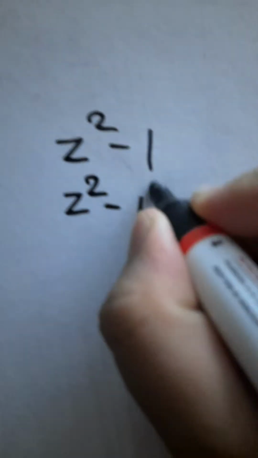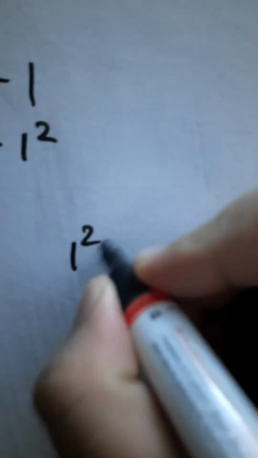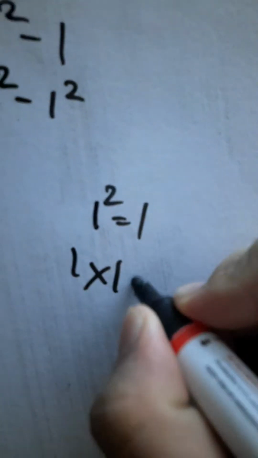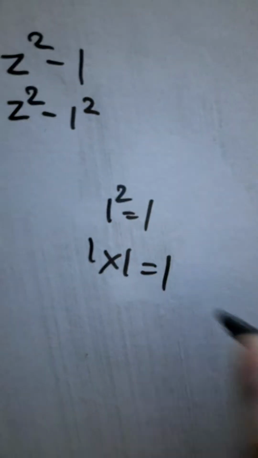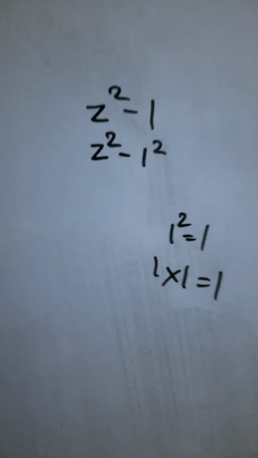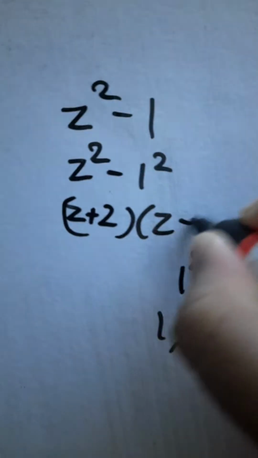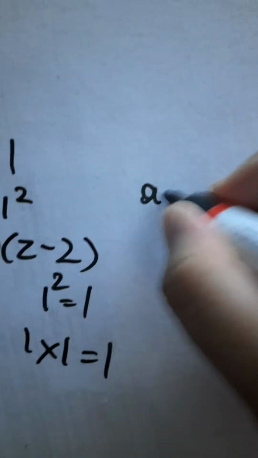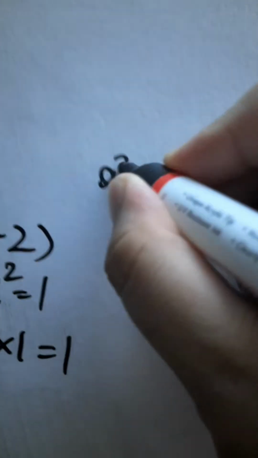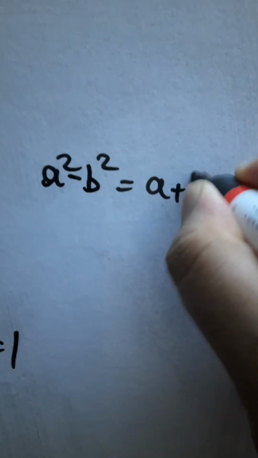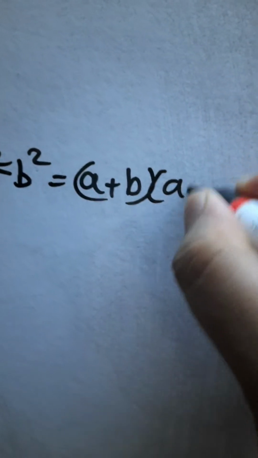Now z square minus 1, because 1 square equals 1, so z square minus 1 becomes (z plus 1) into (z minus 1), by the formula a square minus b square equals (a plus b) into (a minus b).